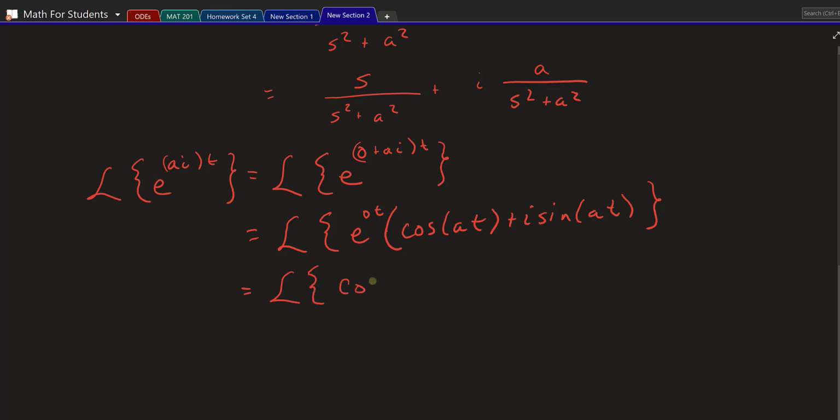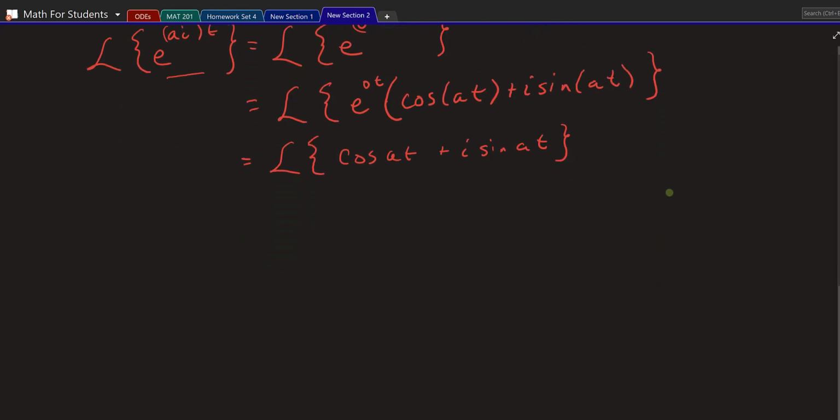And so we get the cosine of at plus i sine of at is equivalent to computing what we just did. Well, there's one more step we need, and that requires us to utilize the linearity of the Laplace transform. Remember, the Laplace transform is a linear transform, and so what does that mean again?